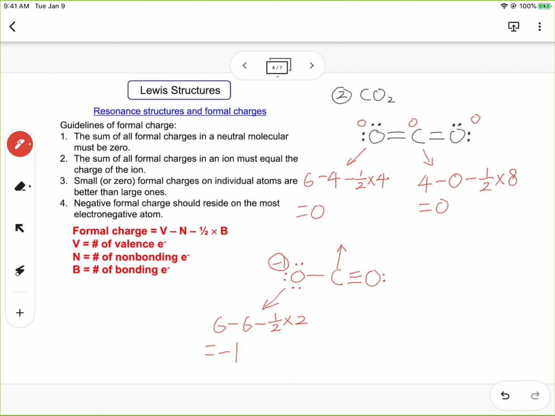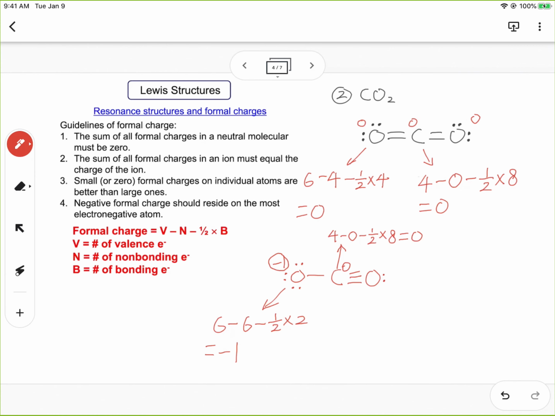Now let's see carbon. Carbon is 4 minus 0 non-bonding electrons, minus half of its bonding electrons. Well, you have one single bond and one triple bond, so 6 plus 2, total 8 electrons. Therefore, this is 0 for formal charge.